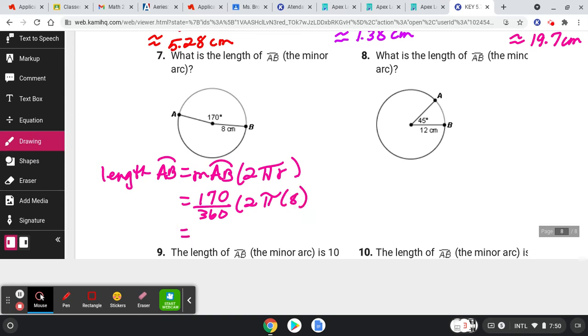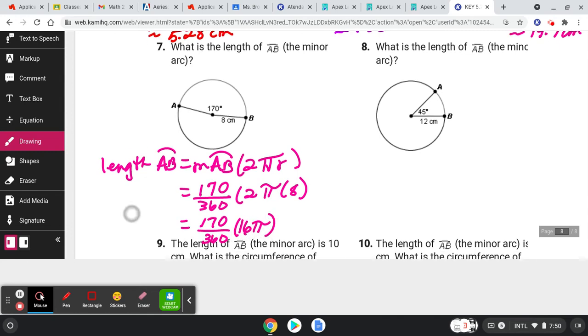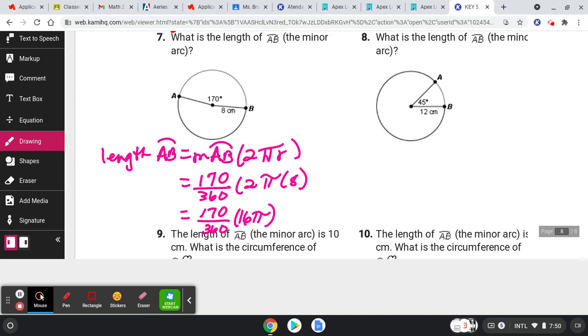Do you see it that time? So 170 over 360 times 16 pi. And so 16 times 170 is 2720 pi over 360. And obviously these zeros cross out.